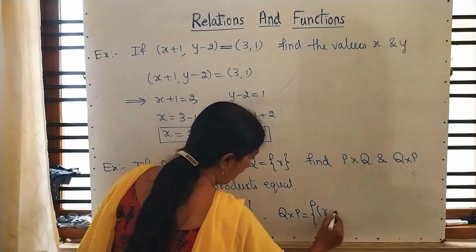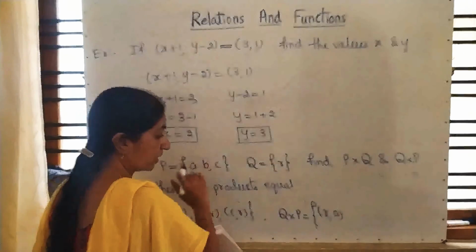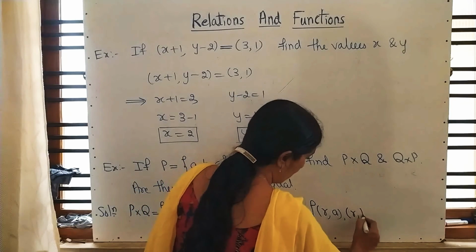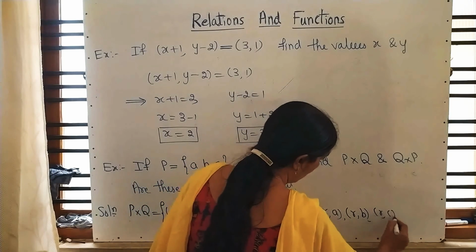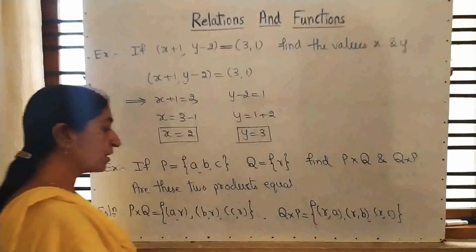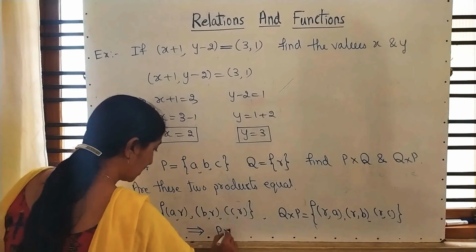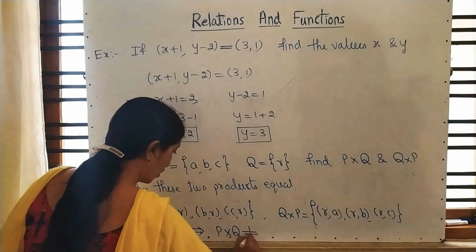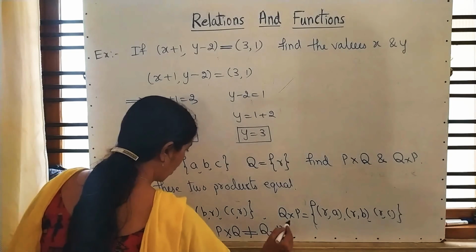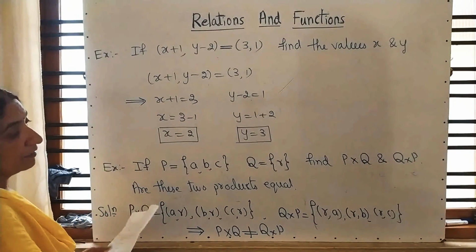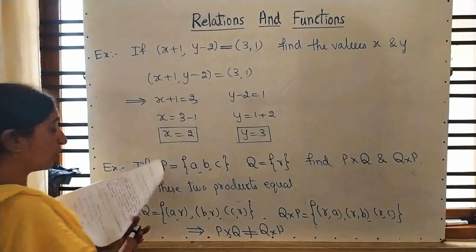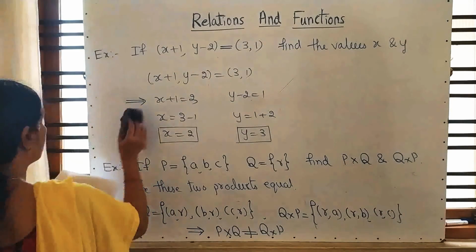That is (r, a), this r with all the three: (r, b) and (r, c). Observe this. Are they equal or what? No, they are not equal. From this, P cross Q is not equal to Q cross P. See, is the example following or what? Moving to the next one.